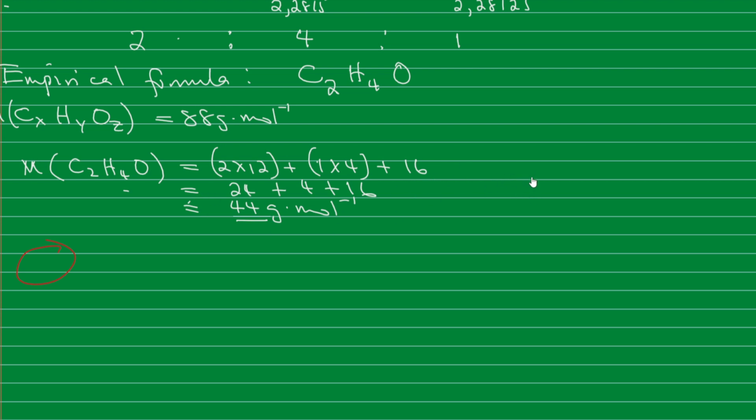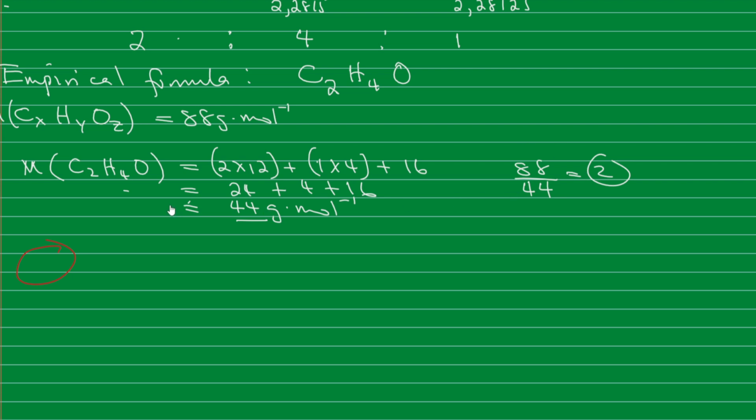So if you do your division there, you take 88, the molecular mass for your compound, then divided by the molecular mass for your empirical formula, which is 44. So this will give you a clue that I need two of them.